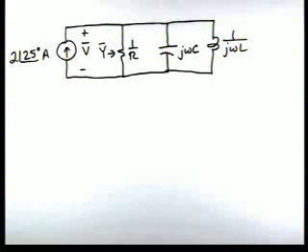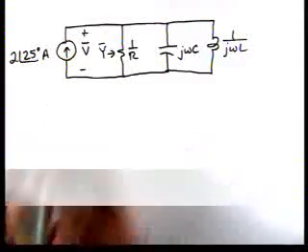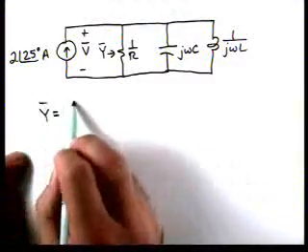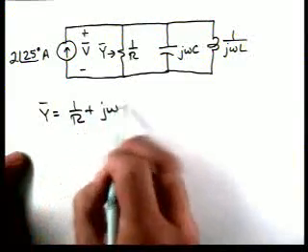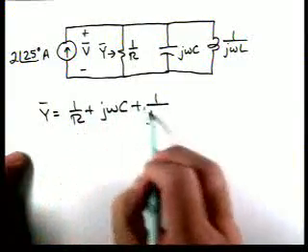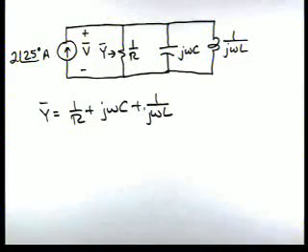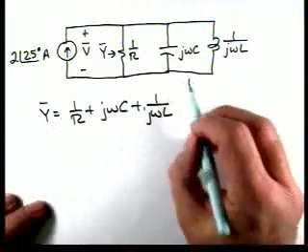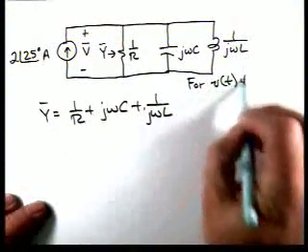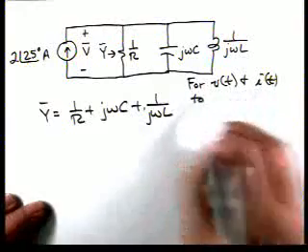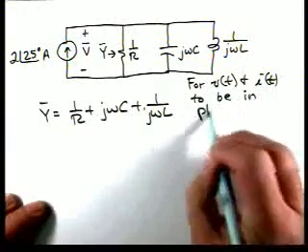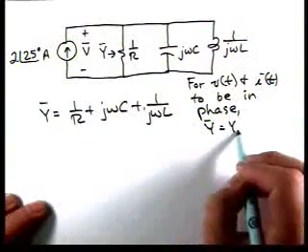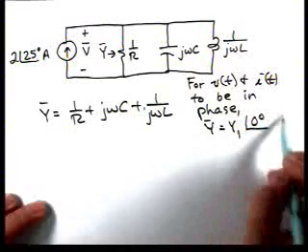Now, let's calculate the equivalent admittance. So, Y will be 1 over R plus j omega C plus 1 over j omega L. Now, if V of t and I of t are to be in phase, then Y would have to be some magnitude, we'll call it Y1, at an angle of 0 degrees.